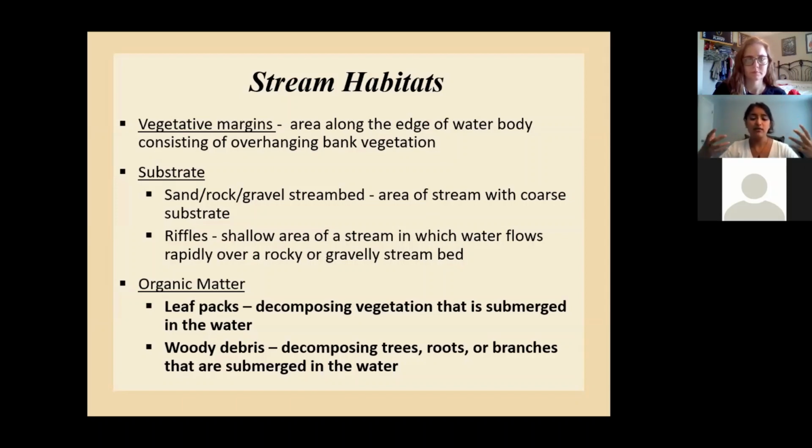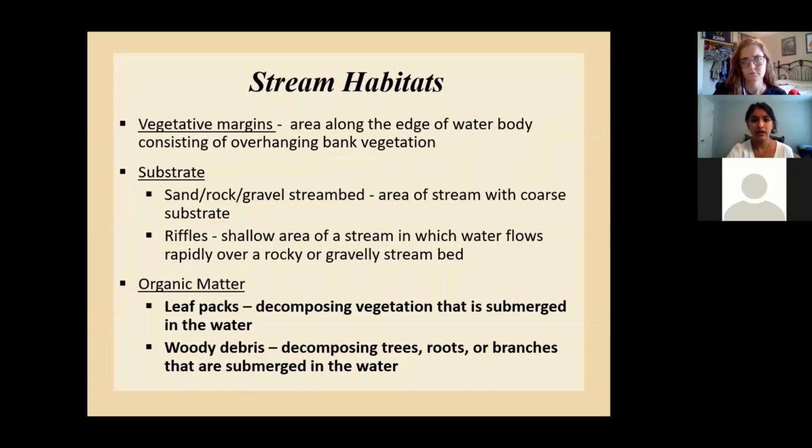Leaf packs are decomposing leaves or just decomposing vegetation that is submerged in the stream itself. Also, woody debris, again, just decomposing trees, roots, and branches that are submerged in the water and decaying. These are your three main habitat types found within a stream.